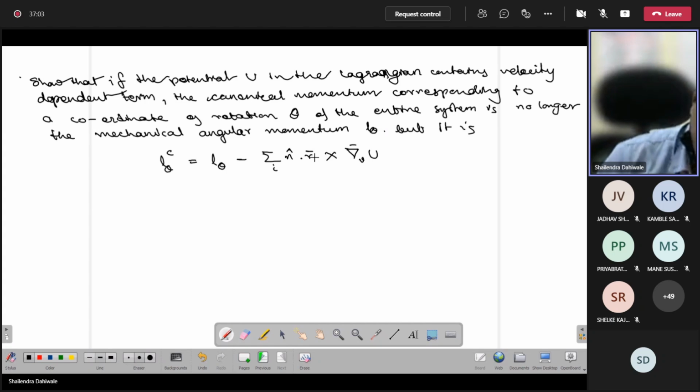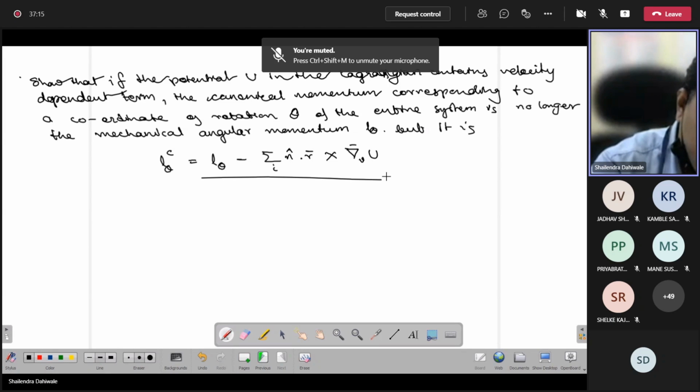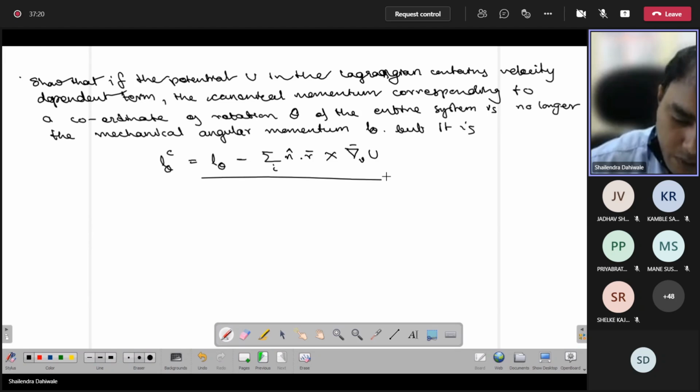That n cap is the unit direction of your angular momentum. You can see this in your next tutorial. You try this at home. So next we will go on.